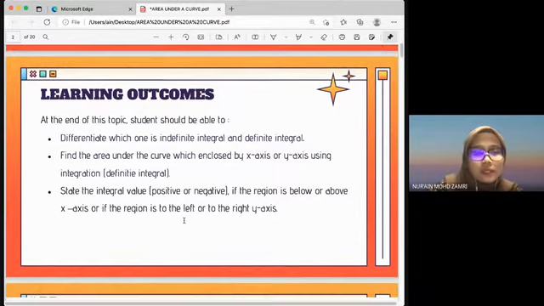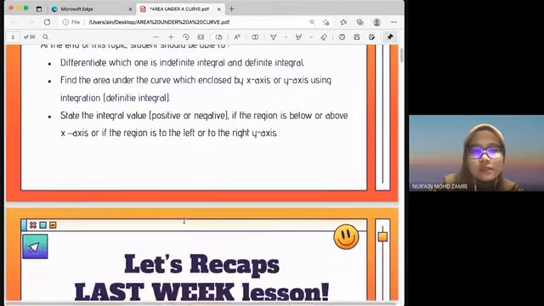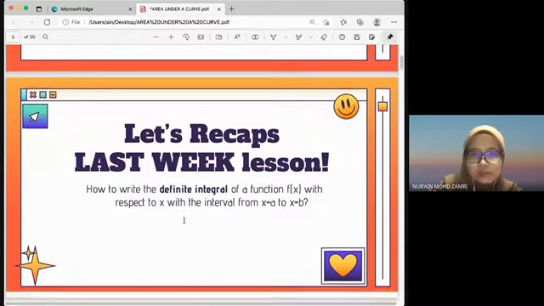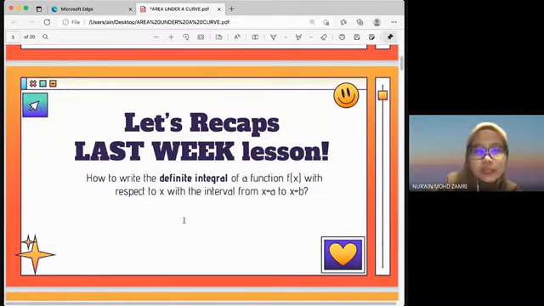Before we start our lesson today, let's recap last week's lesson. Anyone can answer this: how to write the definite integral of a function f(x) with respect to x with the interval from x equal to a to x equal to b? Do you still remember last week's lesson, which is definite integral?